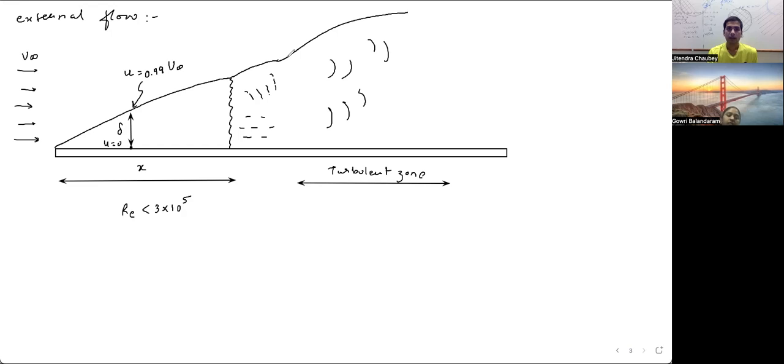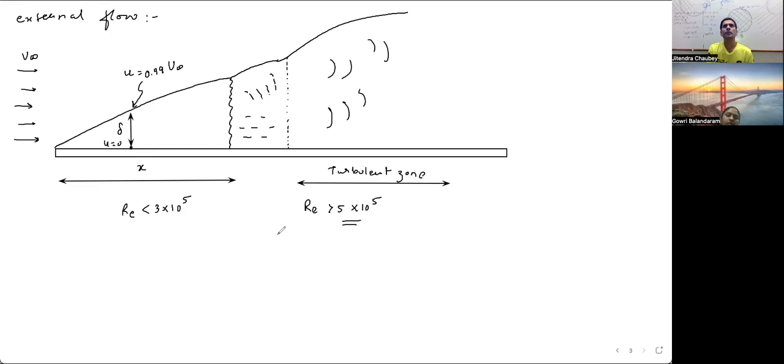And at the point where the flow is completely turbulent, Re is more than 5 into 10 raised to 5. But it is very difficult to predict where this zone starts. So the threshold value is always considered as 5 lakh, 5 into 10 raised to 5.